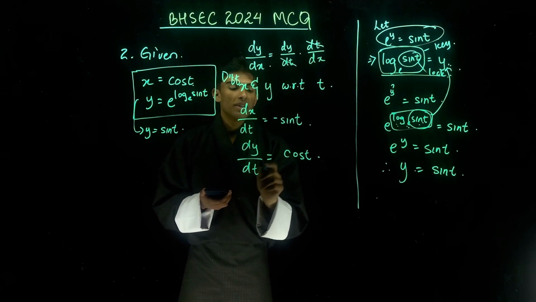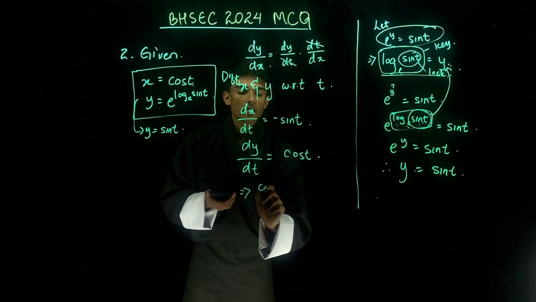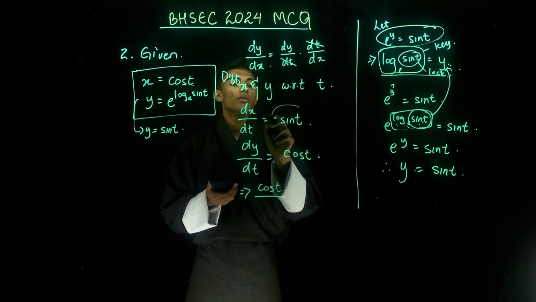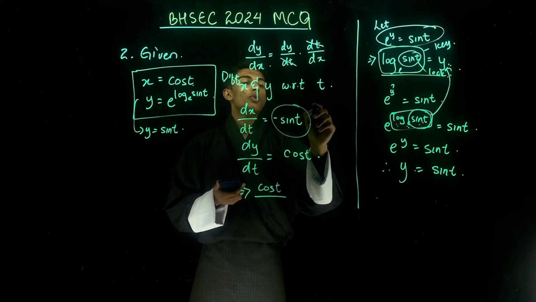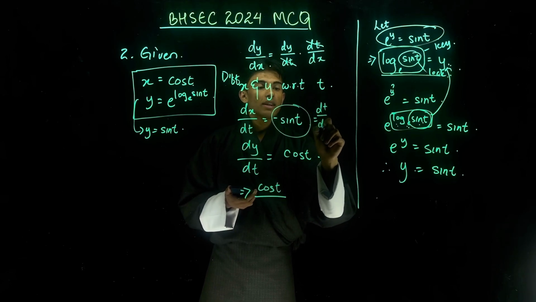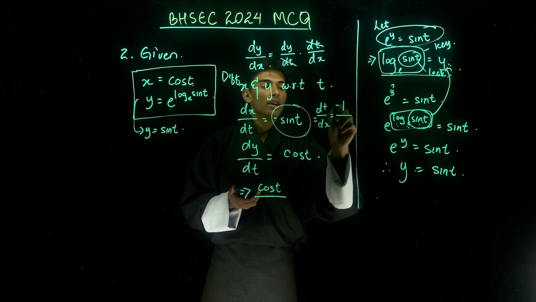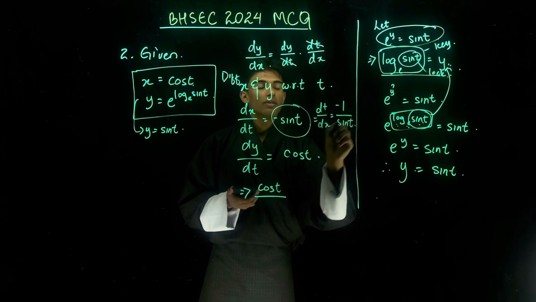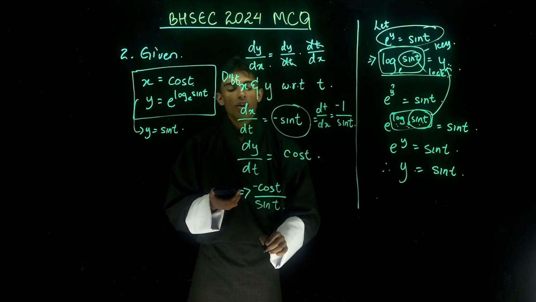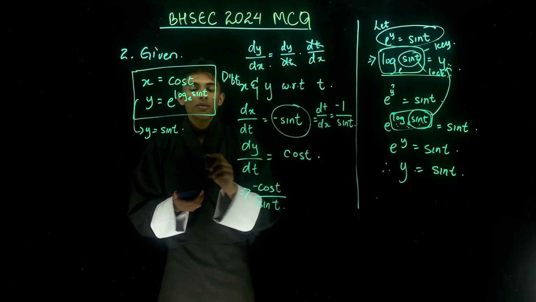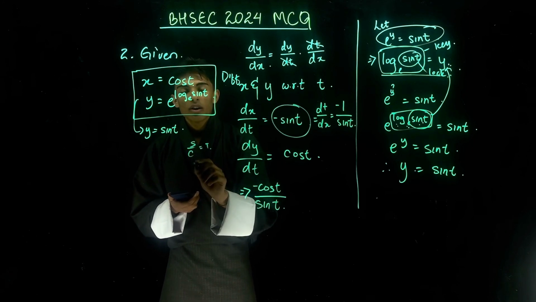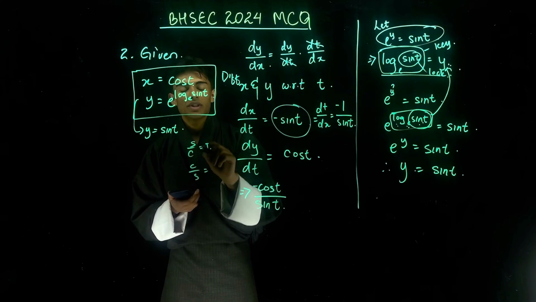So we have dy by dt, which is cos t, divided by, because now you have to take the reciprocal of negative sine t, which as dt by dx gives you 1 divided by negative sine t. So you have negative sine t here, and if you remember, sine over cos equals tan, then cos over sine equals the reciprocal of tan, which is cotangent.